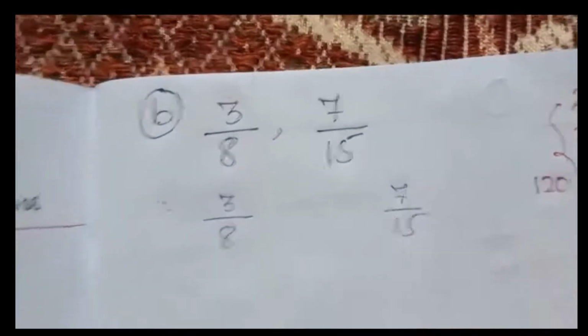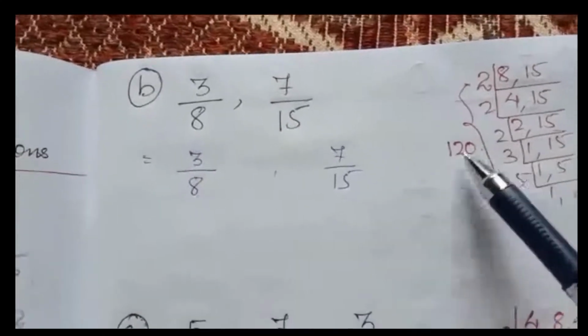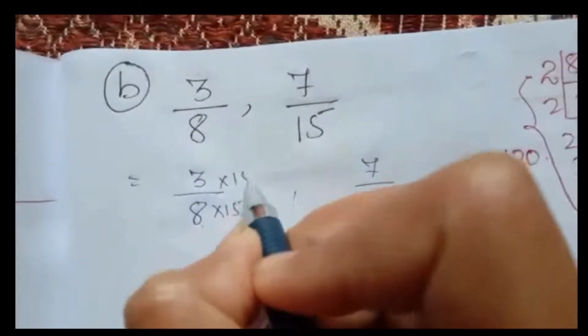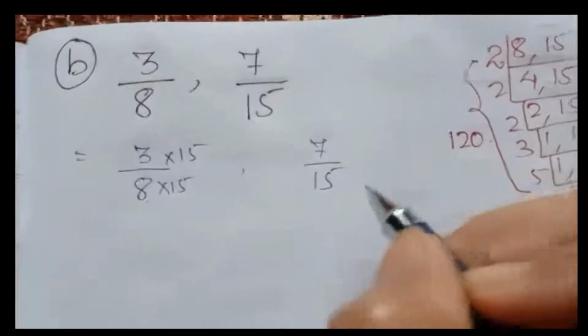numerator and denominator. Now how will you convert this 8 into 120? When you multiply this 8 by 15, and to convert this 15 into 120, you have to multiply by 8.